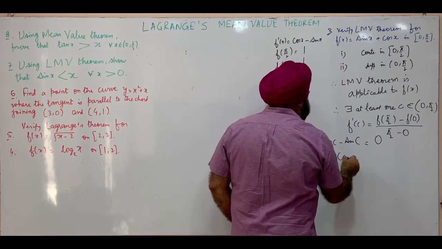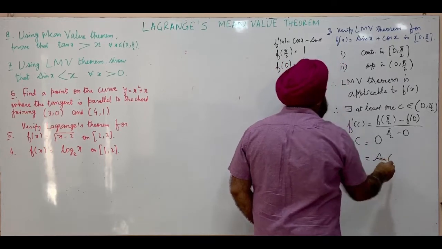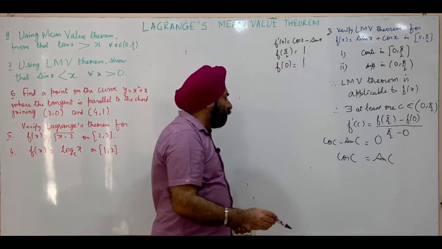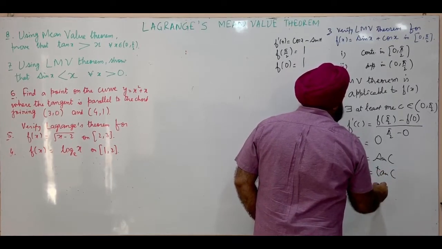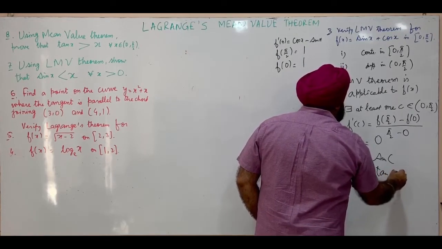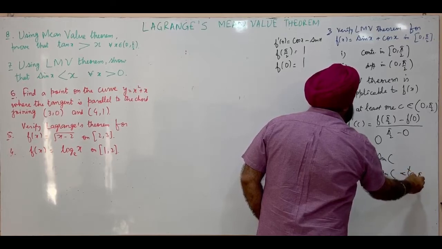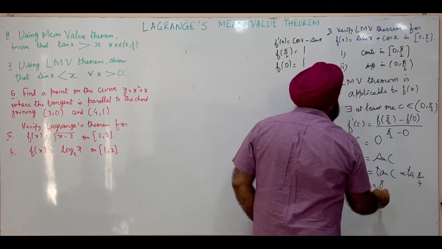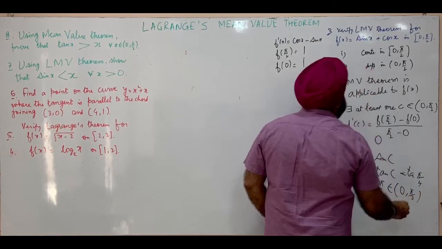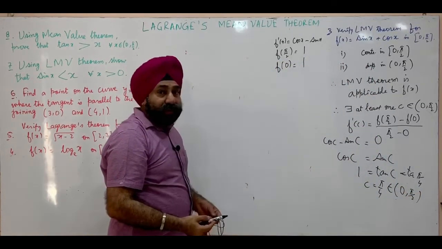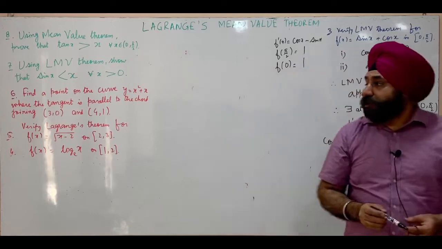This gives us cos of c equals sine of c. Dividing both sides by cos of c, we get 1 equal to tan of c. Tan c is 1, and 1 is tan pi by 4. So c is pi by 4. This belongs to 0 comma pi by 2. So this is how we verify Lagrange's theorem for this function.